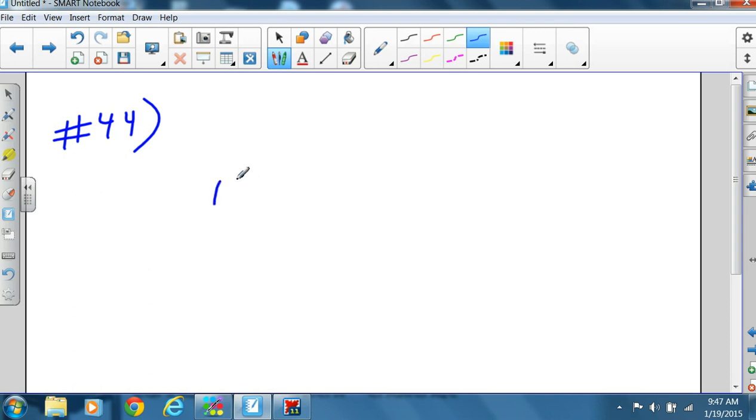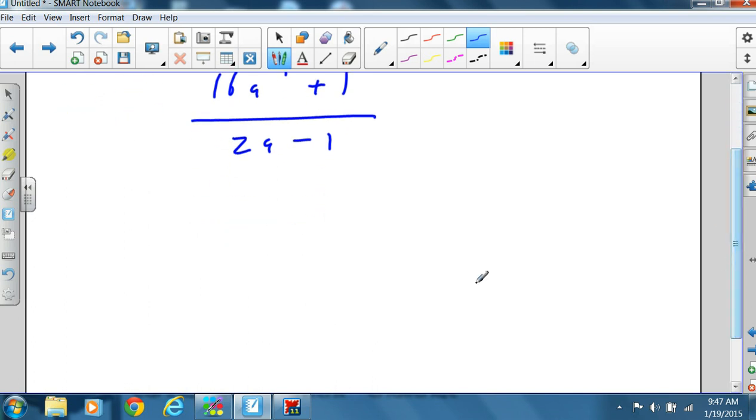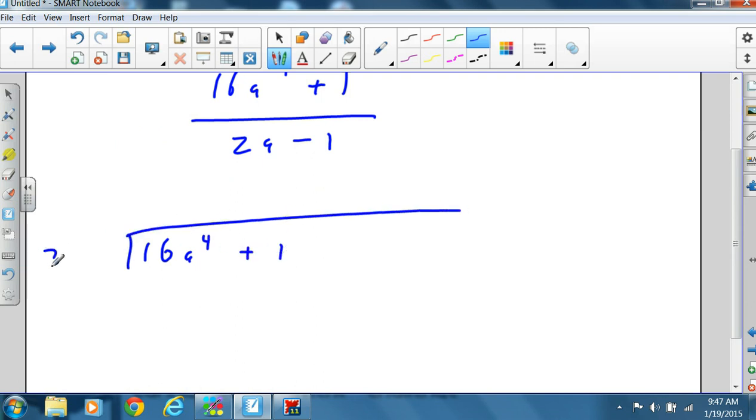I've got 16a to the 4th plus 1 divided by 2a minus 1. Okay, well, let's see, 16a to the 4th plus 1, and I'm going to divide by 2a minus 1.